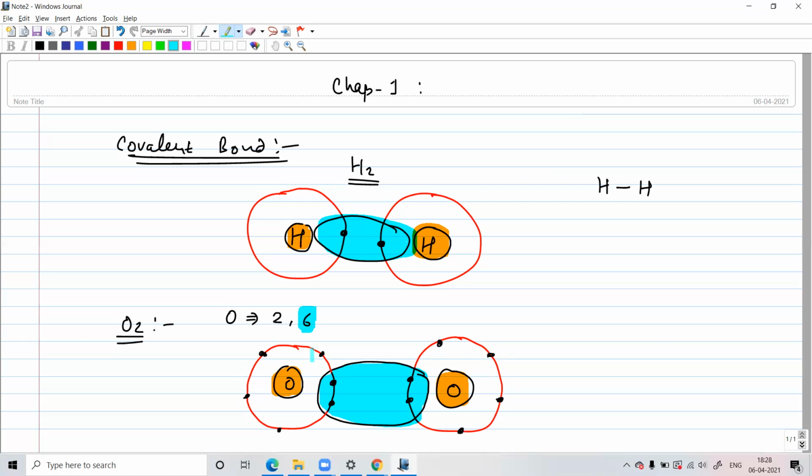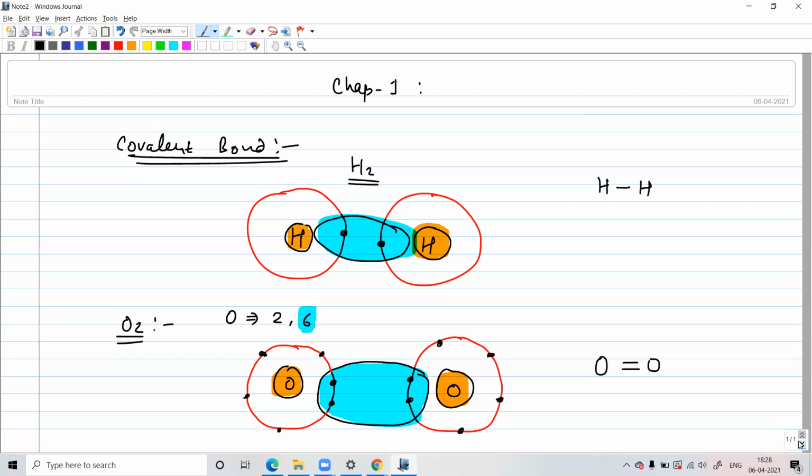Okay. So since 2 electrons are shared like this, this kind of bond, when it is formed, you write it two lines like this, and it's called a double bond. Okay. So you will learn about single bonds, double bonds. We will talk about that later when we start the carbon chapter.